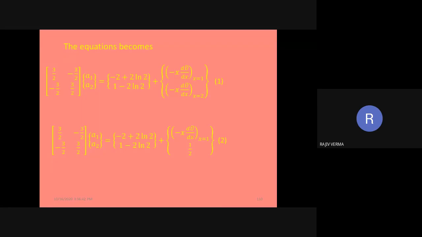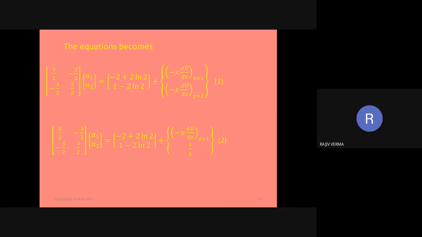Please note that in the first equation, there still is an unknown term of flux to be evaluated at x is equal to 1, that is XA. Since this particular term is not known, the 2 equations cannot be solved to get the value of A1 and A2.